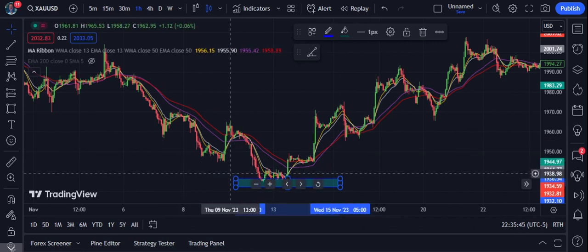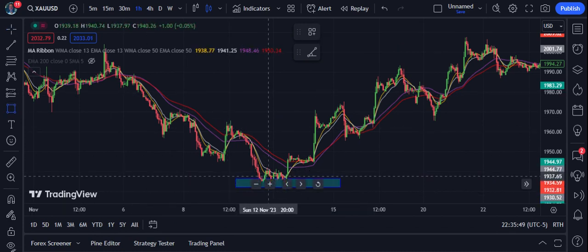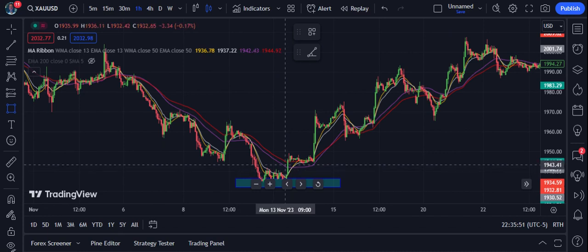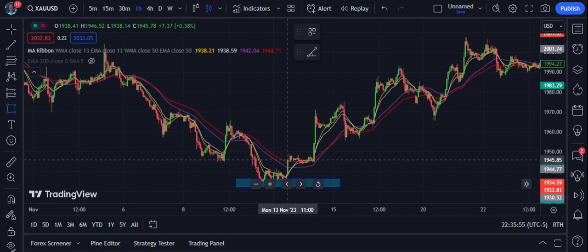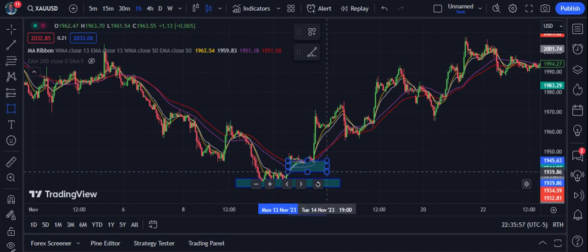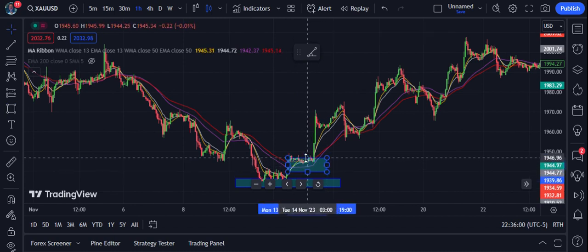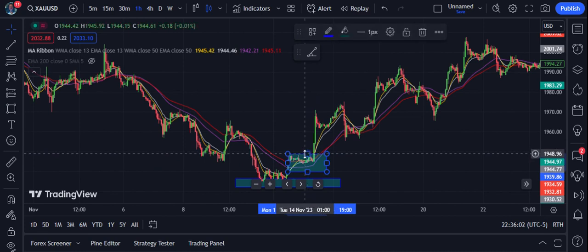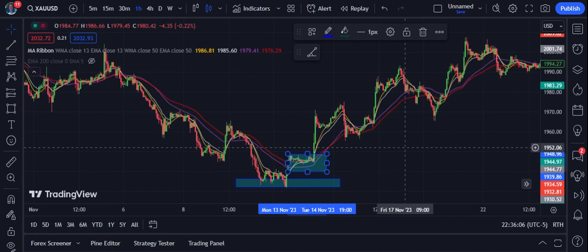Then I also look for a point where all four of the moving averages cross each other. It would be around this area that I'm pointing at here. I'm going to put a rectangle right there. And this area right here is where I'm going to be looking for an entry point.